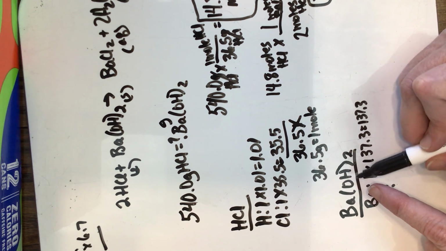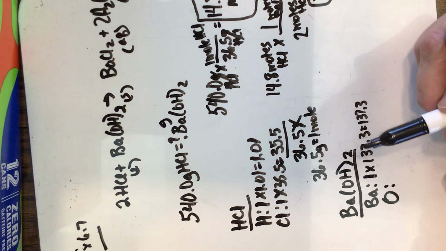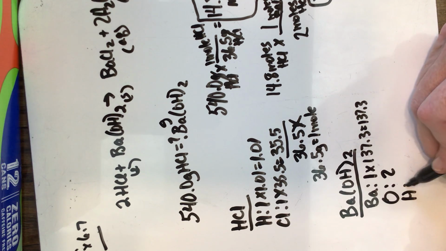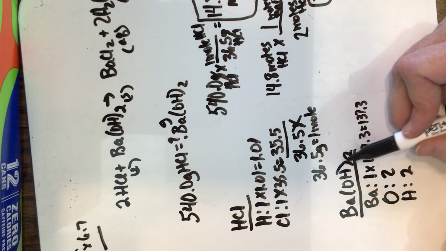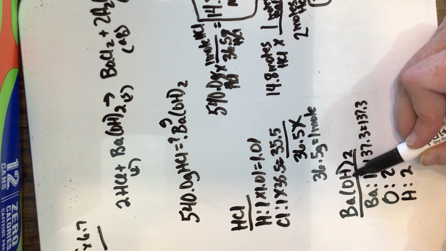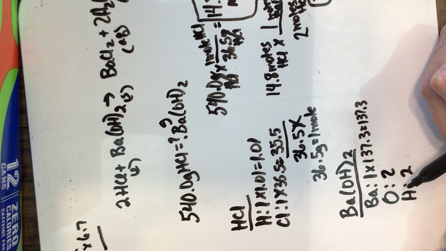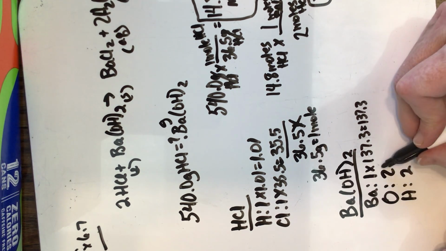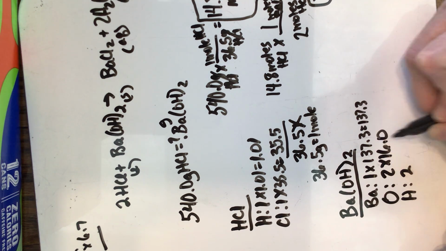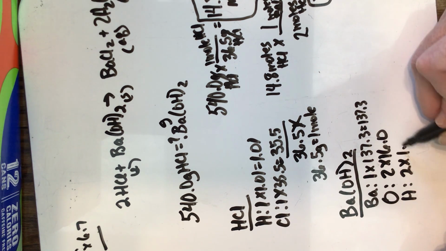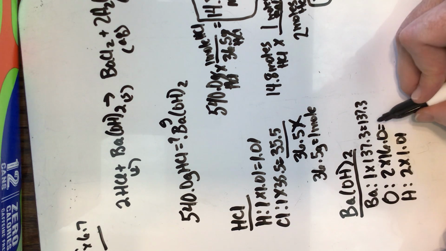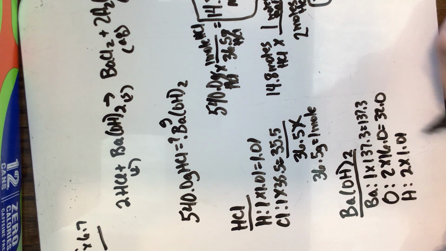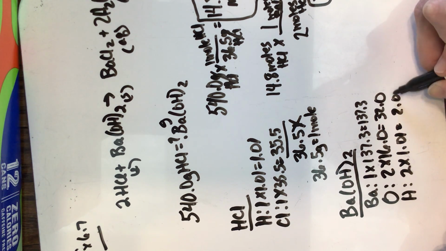So that's going to mean that we have 2 oxygens and 2 hydrogens. Just pay attention when those parentheses are there. The number outside applies to both of them, so you're going to double whatever you have inside. Oxygen is 16.0, hydrogen is 1.01. So we will have a 32.0 over here and a 2.02.